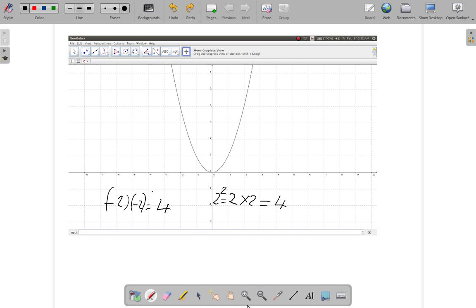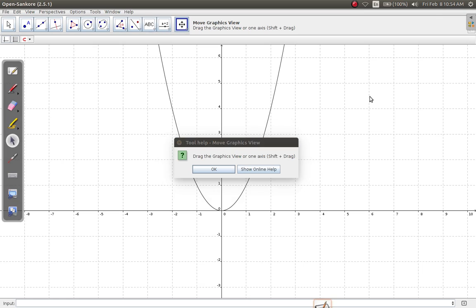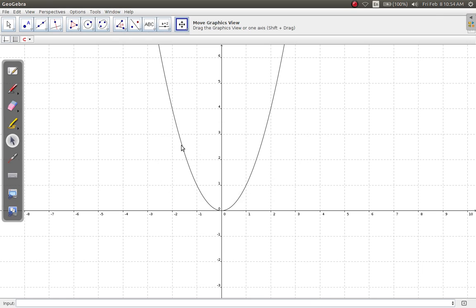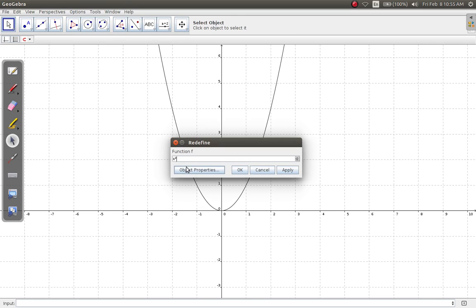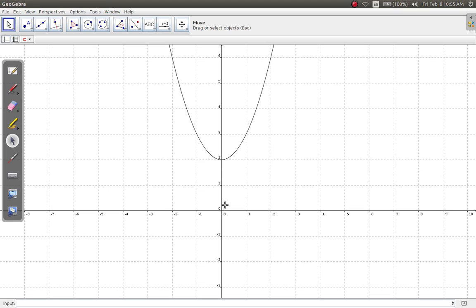Now, let me change the function a bit, the function that I had earlier. I have this graph, and I want x squared plus 2. X squared plus 2. When I click OK, you notice what it did?